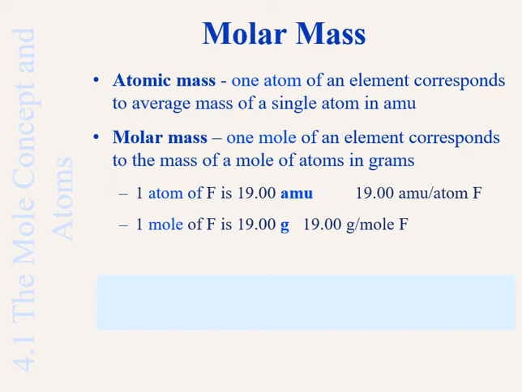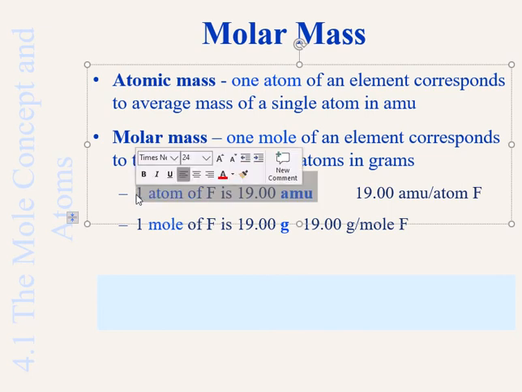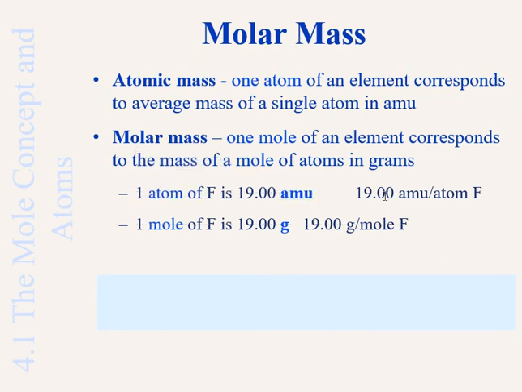So if you take fluorine again as example, what's the mass of one atom of fluorine? The mass of one atom of fluorine is on the periodic table, 19.00 AMU. That's the mass of one atom of fluorine. But what's the mass of one mole of fluorine atoms?